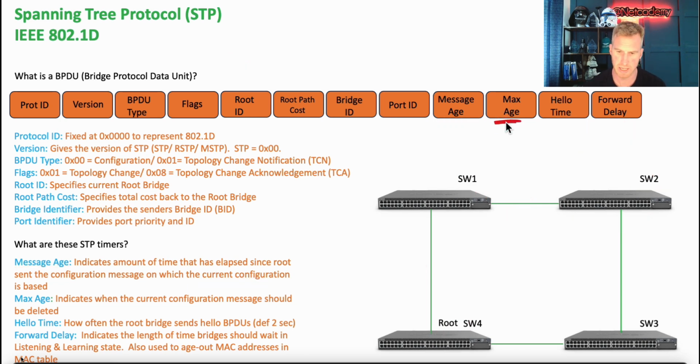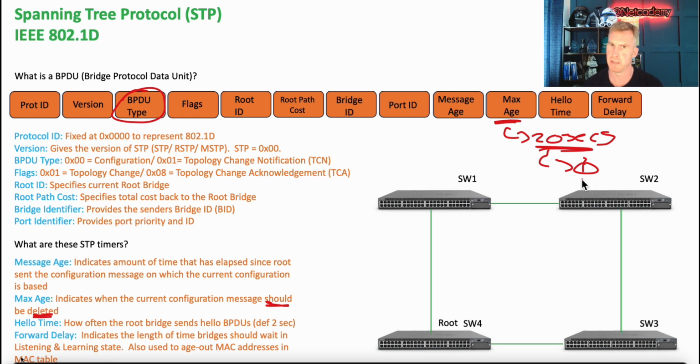And then we've got the max age itself. As you can see here, it indicates when that configuration message, identified via the BPDU type, should be deleted. And again, this is 20 seconds. And if a switch ever gets down to 0 on this, basically that configuration is no longer valid, and it's going to start looking and generating those topology change notifications because it hasn't heard from that root bridge in a certain period of time, i.e. 20 seconds.